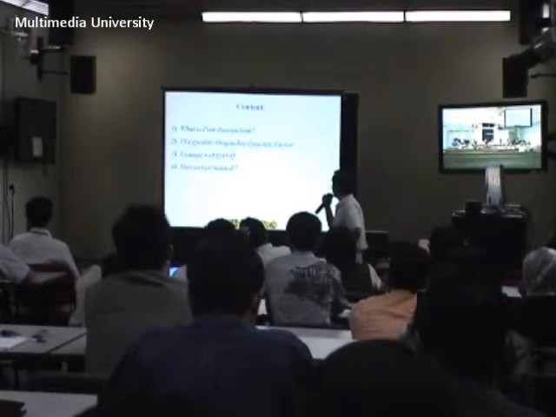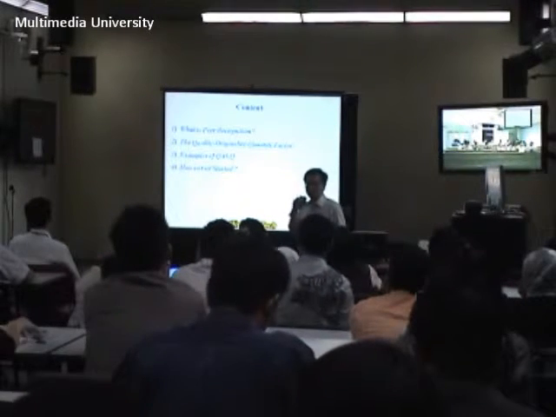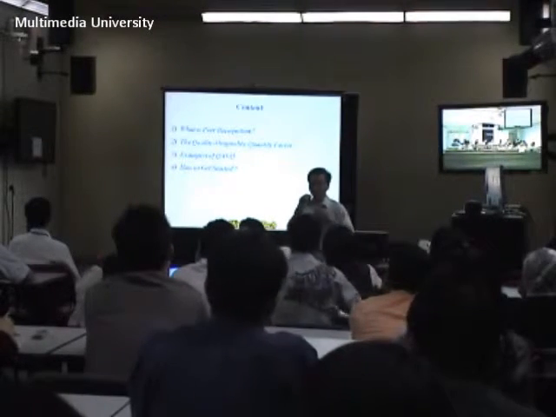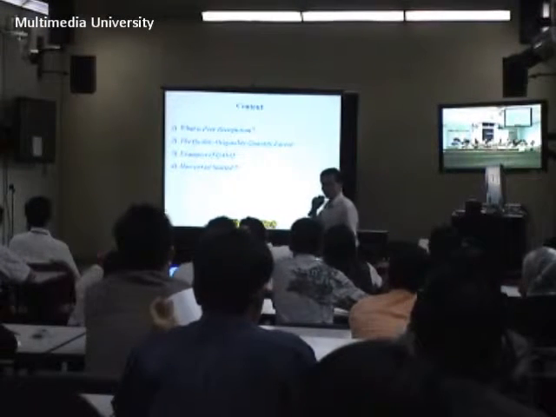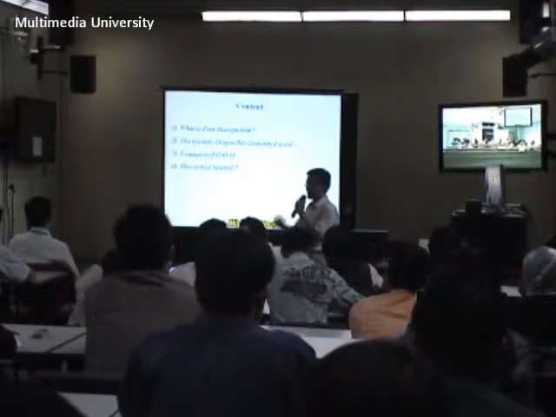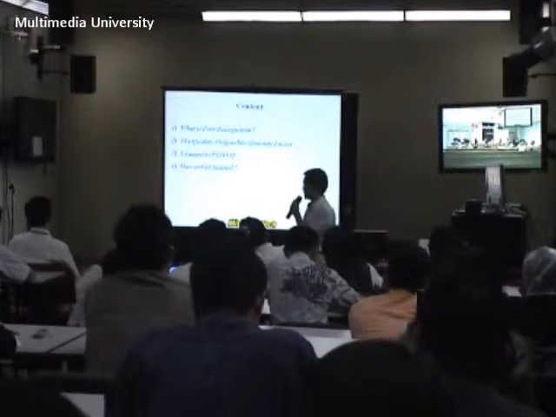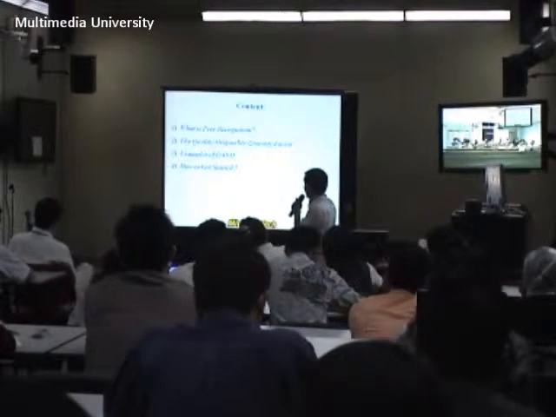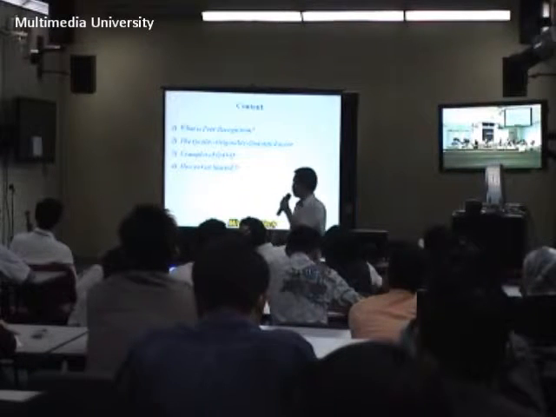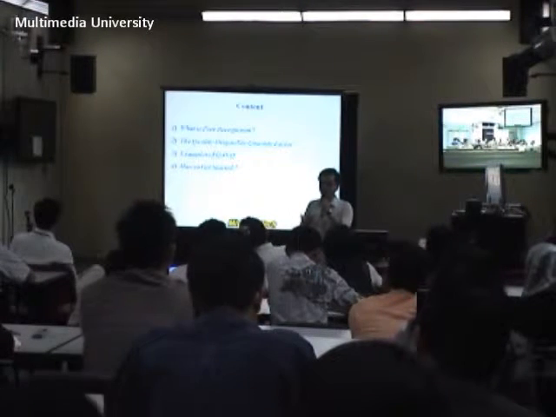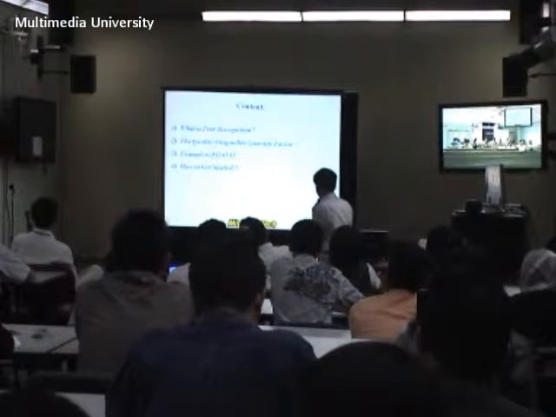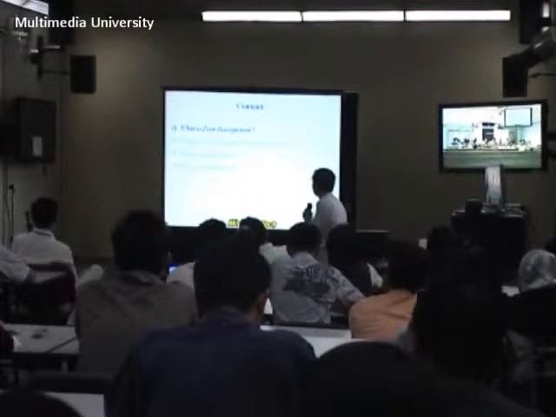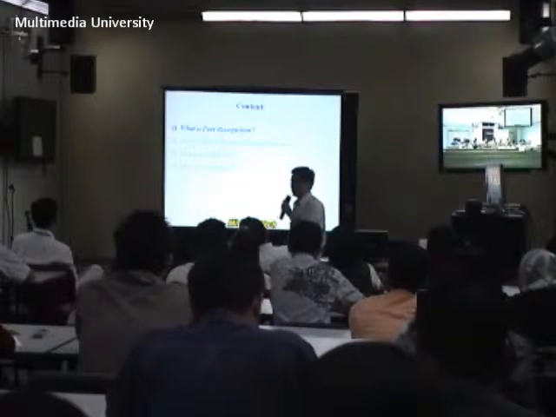I will give you as many examples as I have, my own first-hand experiences, on what the QOQ factors are and how to justify them. And more importantly, finally, I hope to share with you what I think is important for you to get started to run good research. So without further delay, the first part of my talk: what is peer recognition?